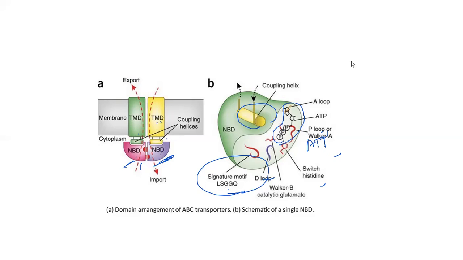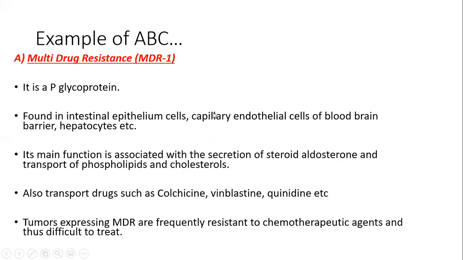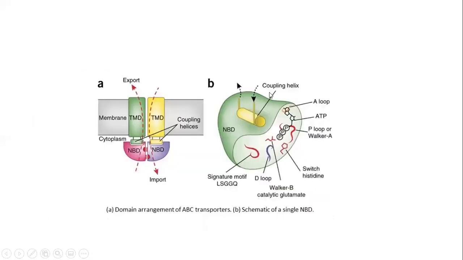Now the example. Here we are going to talk about MDR1. Ma'am, what was the switch histidine there in the picture before? Switch histidine means it will make sure that the interaction is proper. What are these?